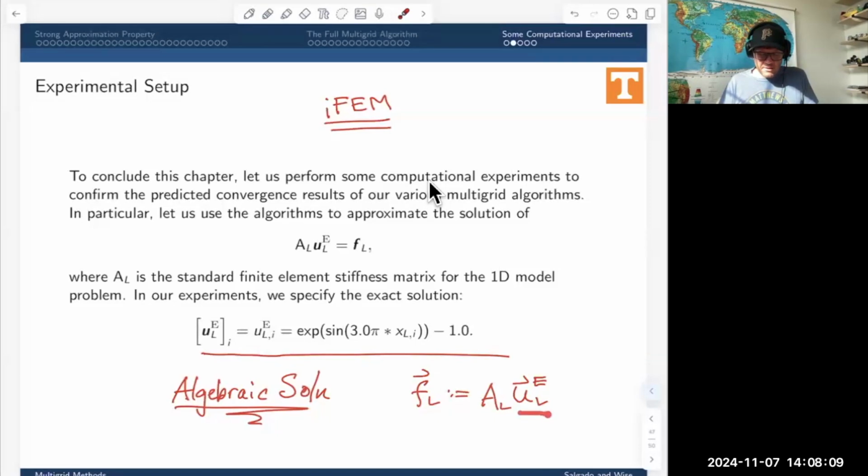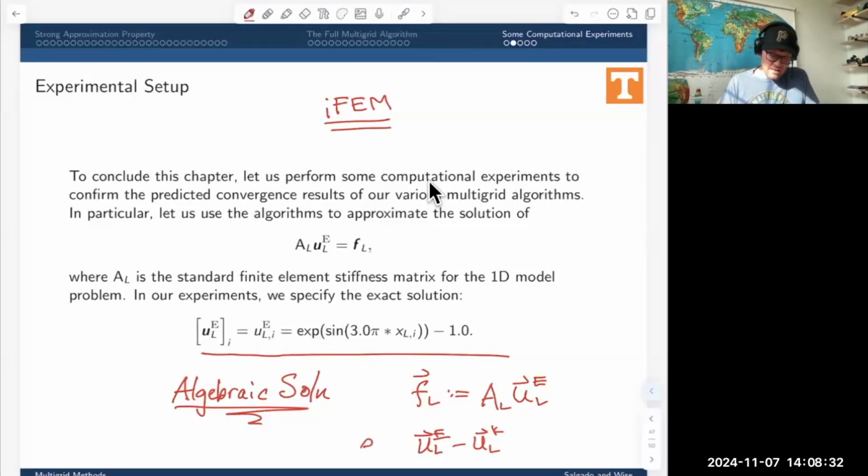Then we're going to forget that we know this guy, and we're going to throw some random initial vector at the algorithm and try to compute that. And then once we compute an approximation, we'll call that something like U_k. Then we can take the difference of that.